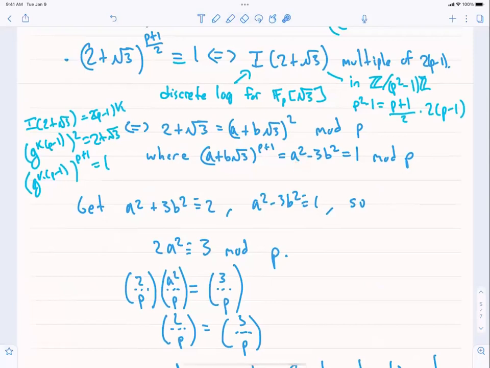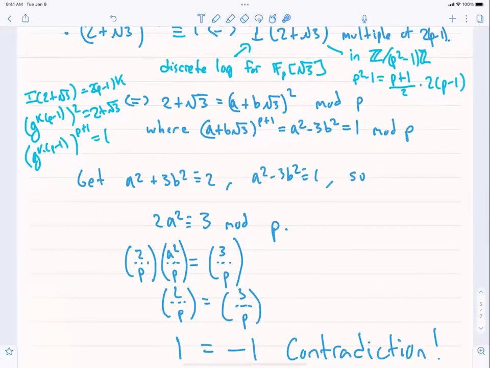So we just get a squared minus 3b squared, and that's 1 mod p. Now if I expand this out, looking at the first part, the part that has to give me 2, I get a squared plus 3b squared is equal to 2. On the other hand, this gives me a squared minus 3b squared is equal to 1. And if I put that all together, I get 2 times a squared is congruent to 3 mod p.